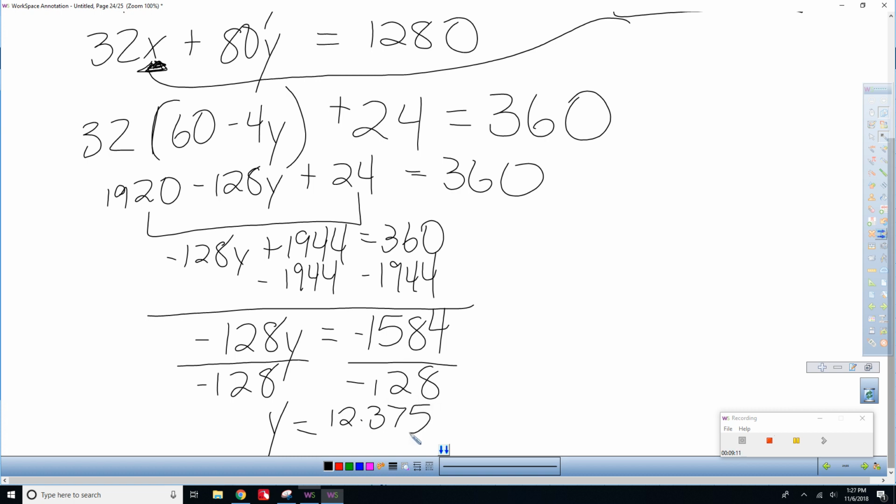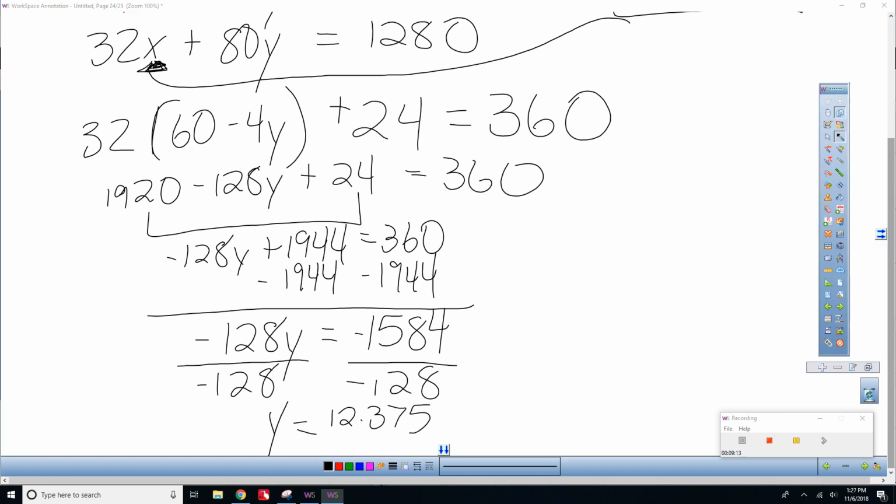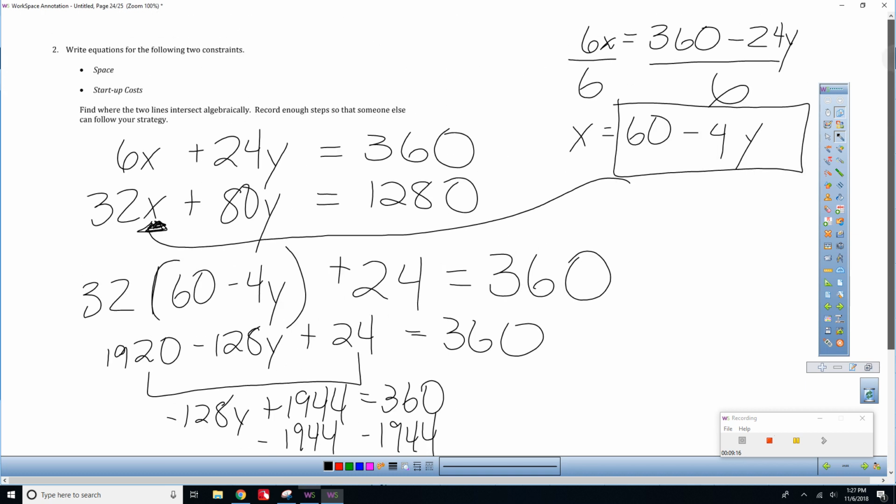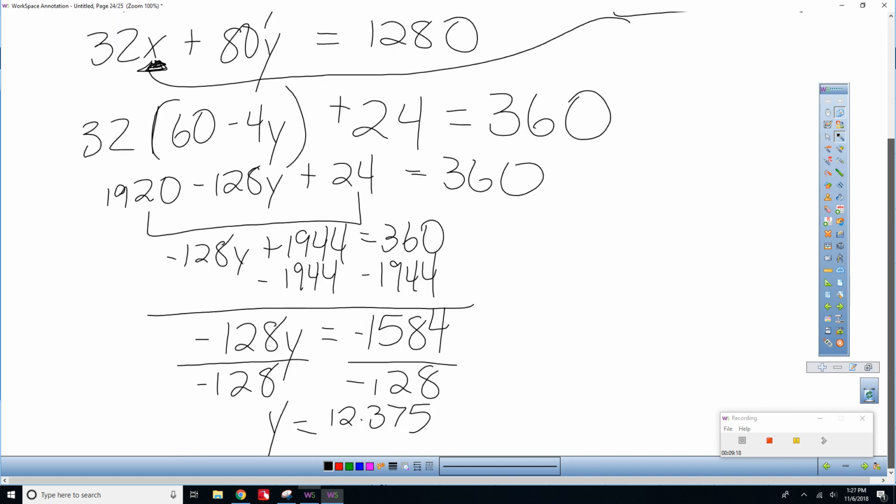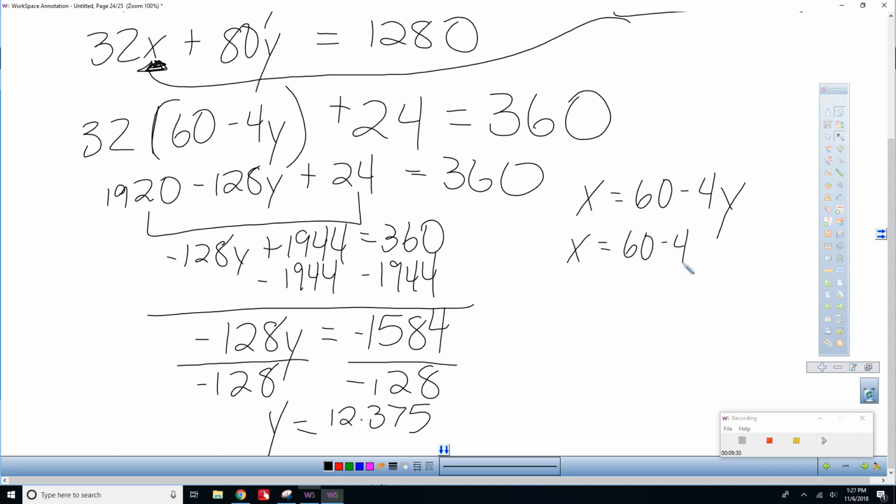Okay, well x, if you remember, x equals 60 minus 4y. We now know what y is, right? It's 12.375. So x equals 60 minus 4 times 12.375, and what do you get for that, Carson?